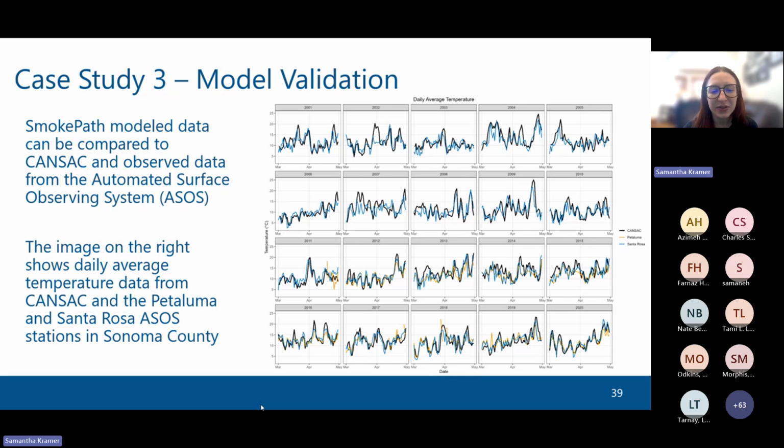And we looked at each individual year, and we did have pretty good agreement if you look at this temperature. I do also have some aggregate versions of this, but we're really happy with the way that KINSAC represented the temperature at these locations based on what happened in reality.